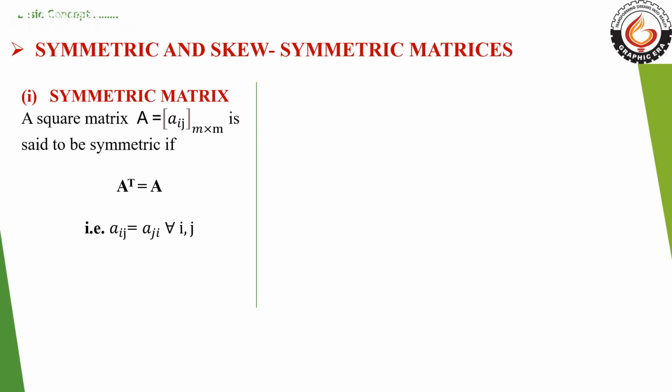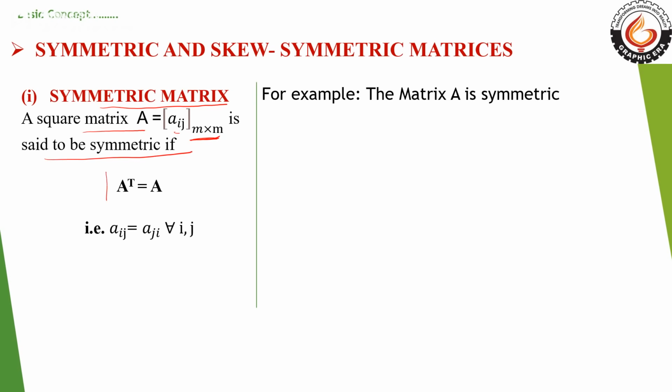Now come to the symmetric and skew symmetric matrix. A symmetric matrix: a square matrix A = [Aij], m cross m, is said to be symmetric if we take the transpose of the matrix and we get the same matrix again. That is, in that case, the element of the matrix Aij is equal to Aji.